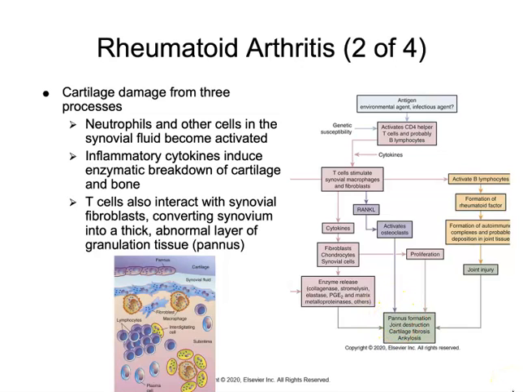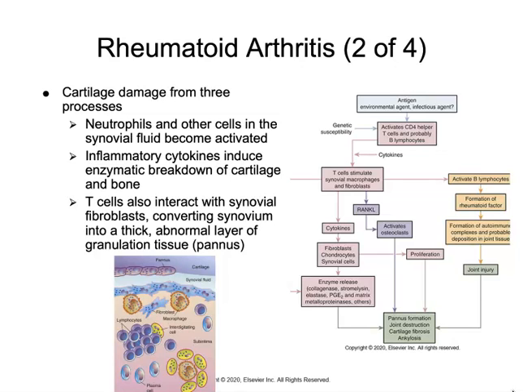Now, those fibroblast-like synovial cells that I mentioned can also enter our bloodstream and cause inflammation in other joints. And that explains more of the symmetrical and systemic nature of rheumatoid arthritis.